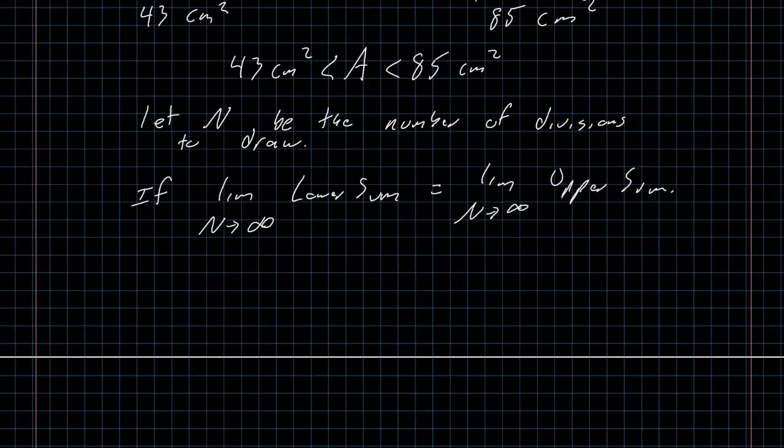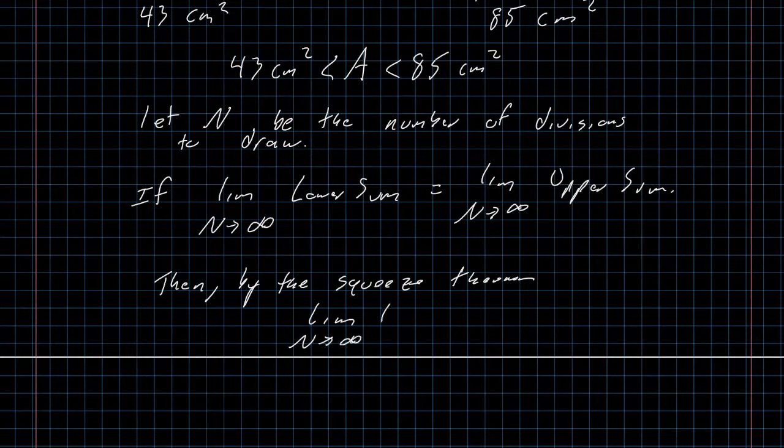If those two sums converge and they converge to the same value, by the squeeze theorem, that limit has to be the area of the shape that we're looking for.